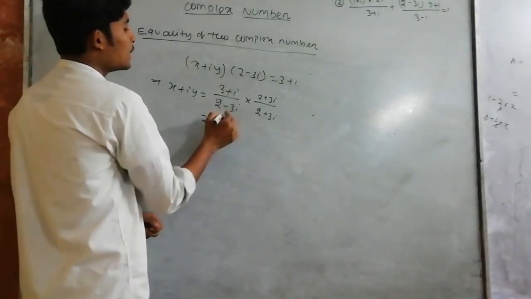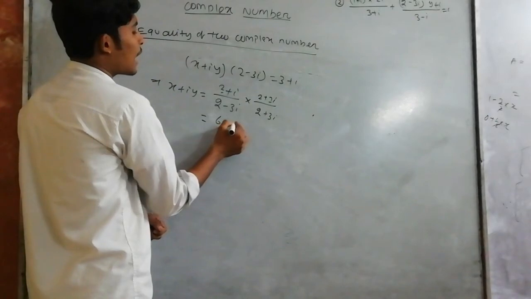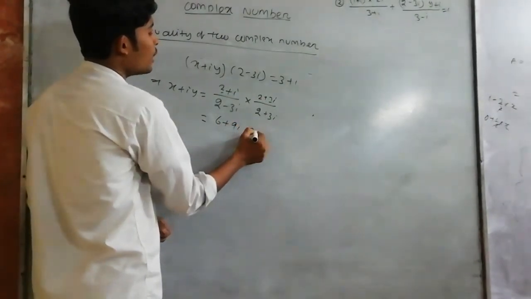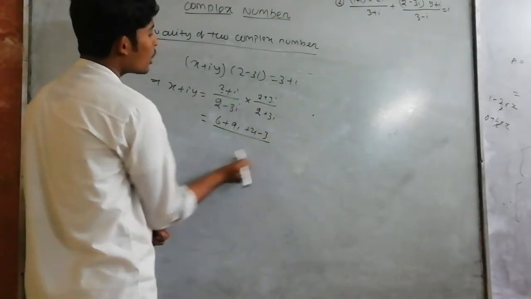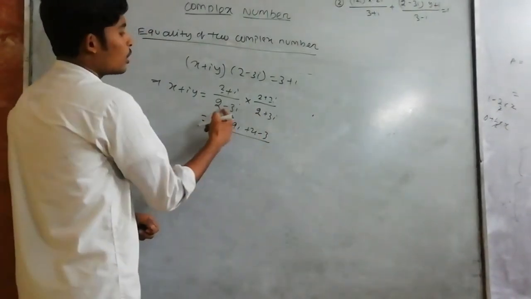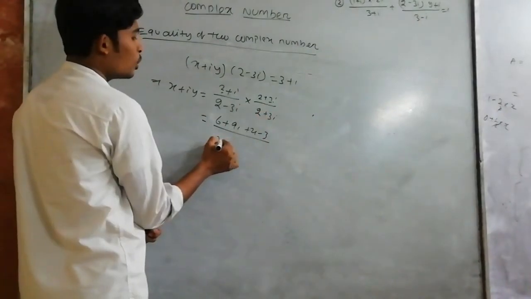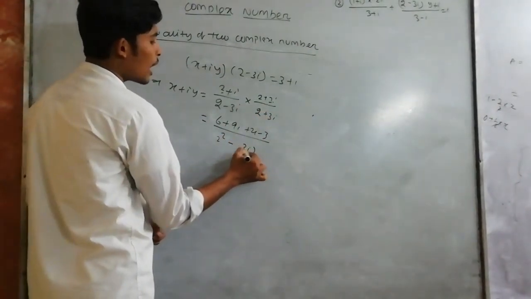So you get 6 plus 9i plus 2i minus 3, and the denominator becomes a plus ib into a minus ib, 2 square minus 3i whole square.